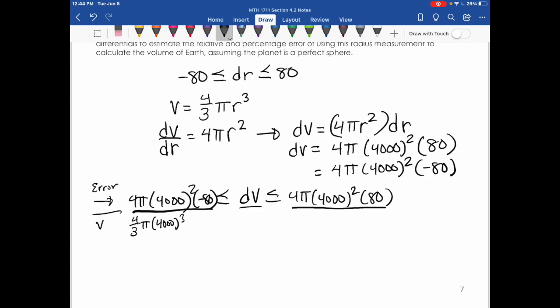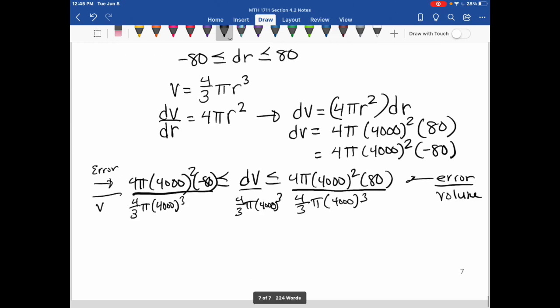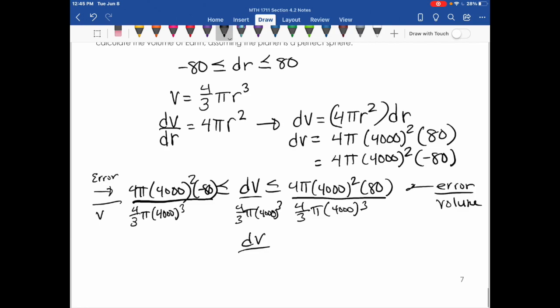I'm taking the error and dividing it by the volume, and I'm going to do the same thing over here: the error divided by the actual volume. So I take 4/3 pi times 4,000 cubed, and of course I have to do it to the dV as well. So that gives me dV divided by the volume.